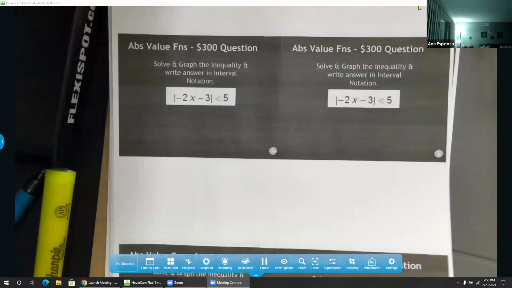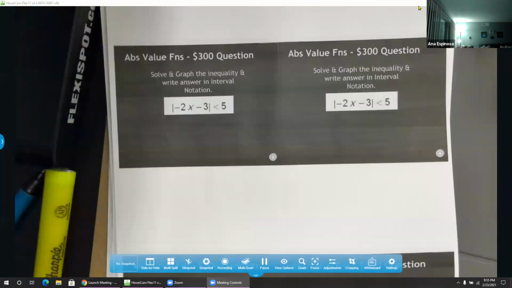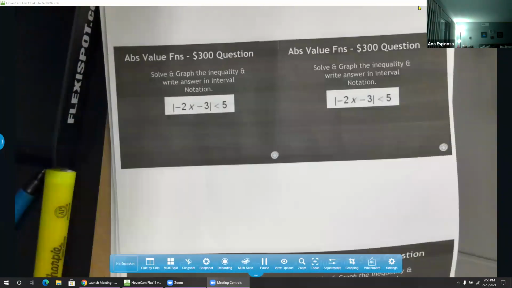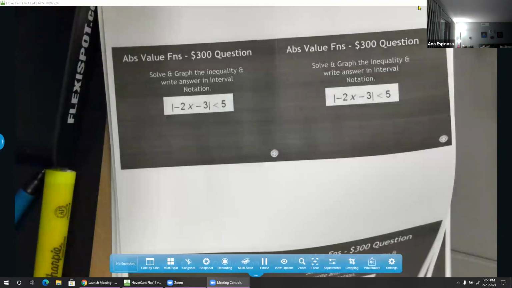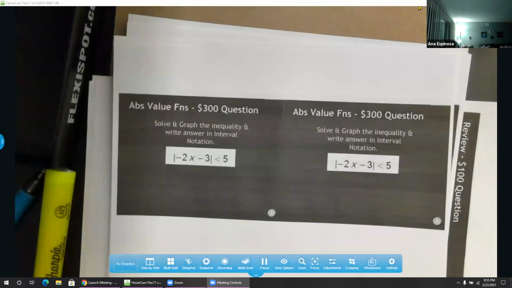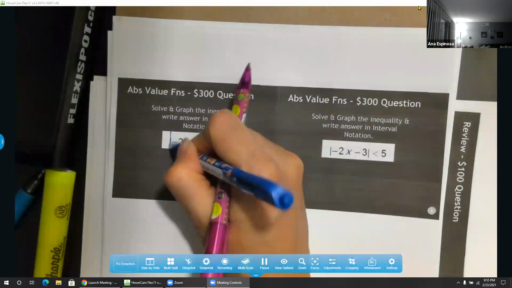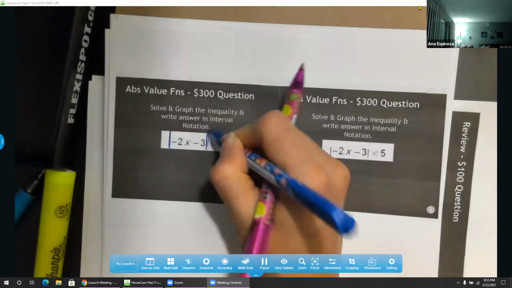All right, this next one. Let me just move the ones I don't need. Okay, this is on the notes, but these are inequalities with absolute value bars, okay?